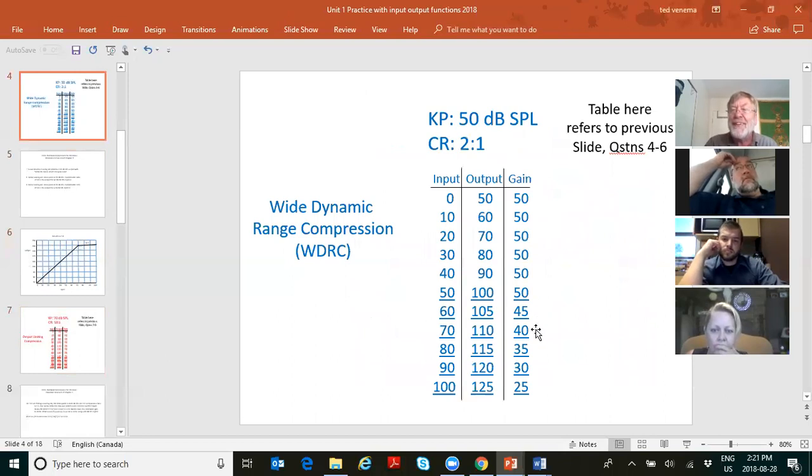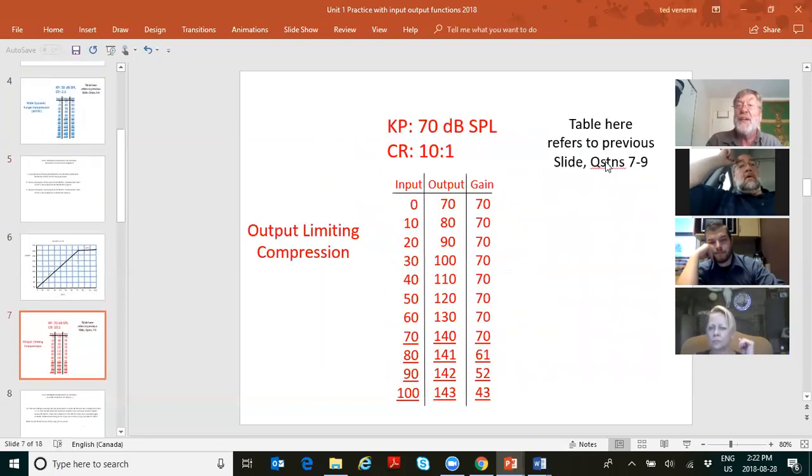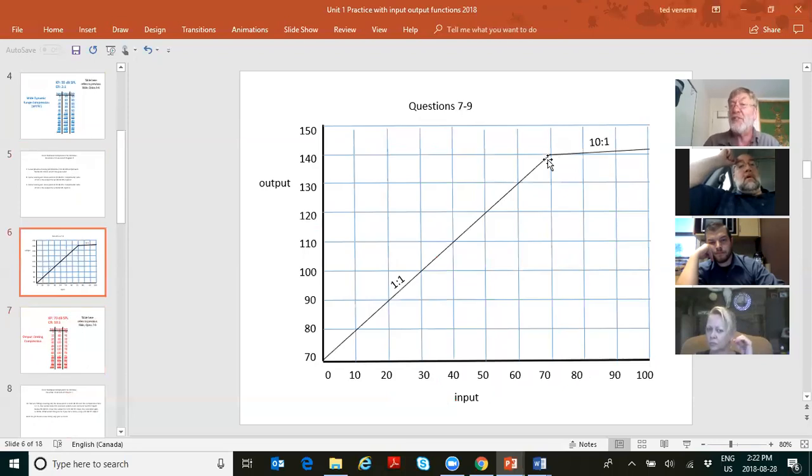compared to how the gain is reduced slowly here. Wide dynamic range compression is a low knee point and a low compression ratio. Output limiting compression is a high knee point and a high compression ratio. Output limiting compression is put on high power hearing aids for people with severe hearing loss.